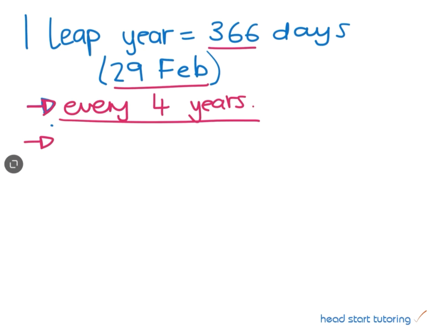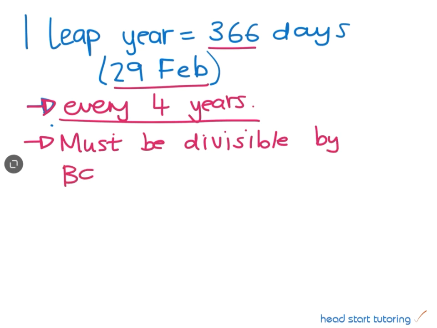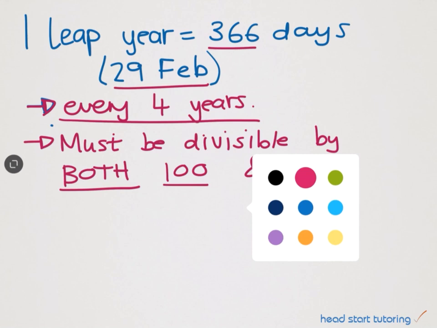The very important part of figuring out whether a year is a leap year or not is that it must be divisible by both, and that's important, by both 100 and 400. Okay, so it cannot only be divisible by 100, it has to be divisible by both 100 and 400.